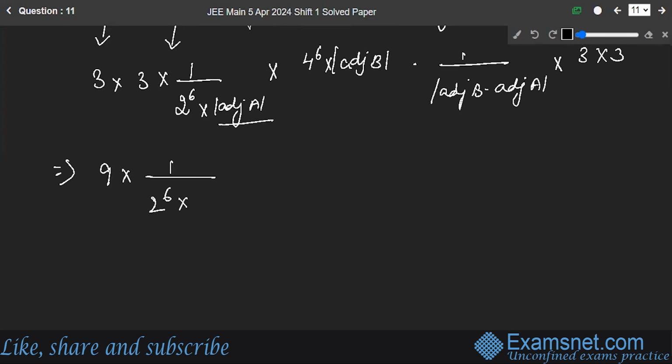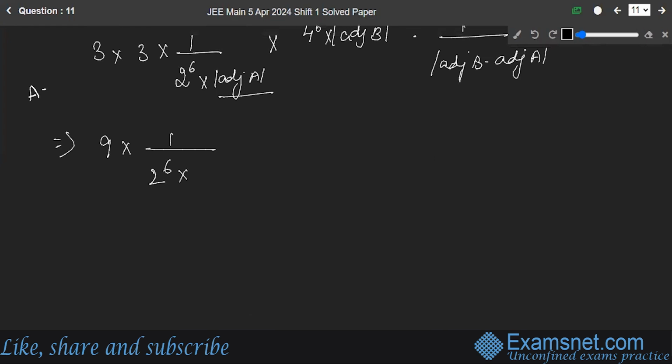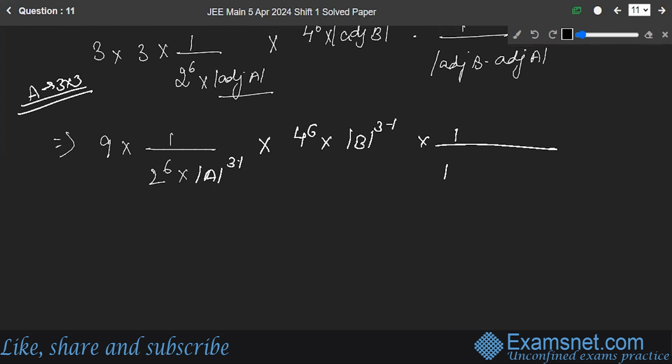Now adjoint of A, because A was a 3 by 3 matrix, so the adjoint of A determinant will be determinant of A raised to power 3 minus 1 into 4 power 6 into determinant of B raised to power 3 minus 1 into 1 upon determinant of B raised to power 3 minus 1 into determinant of A raised to power 3 minus 1 into 3, that is equal to 9.